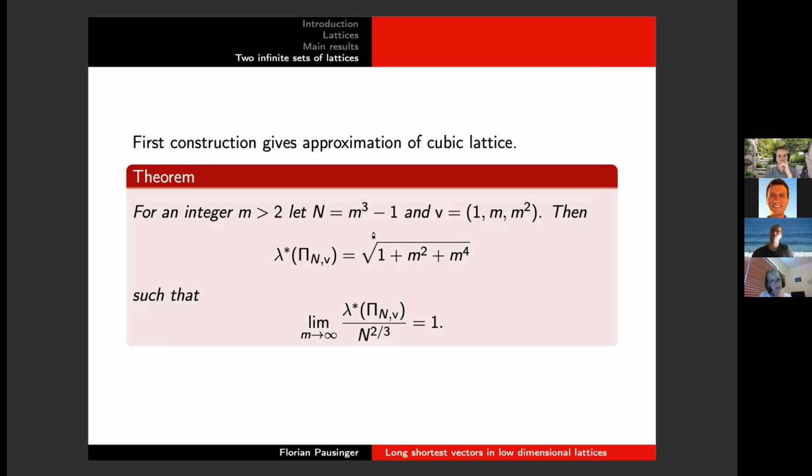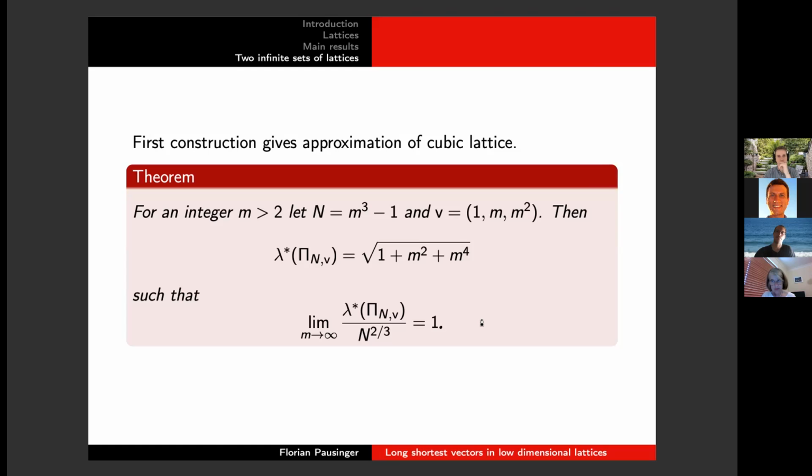And together with the information on the shortest distance, we get indeed that if m goes to infinity, we get 1. So we can work out here, we have m cubed and we take it to the power 2 over 3. So we have an m square here. And also we can see that this term is of order m square. So we have roughly m square over m square, which gives the 1.